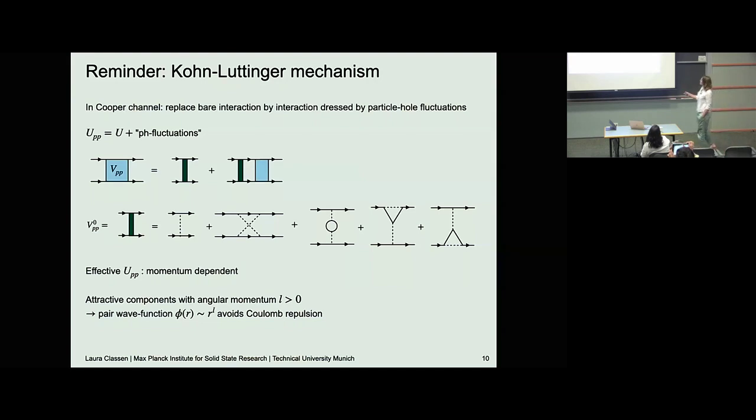Because of adding these corrections, your interaction becomes momentum dependent, and that momentum dependence can develop an attraction in a higher angular momentum channel, and that's sufficient to get superconductivity in that channel. What this means for the superconducting state is that the pair wave function vanishes if the two particles are at the same point, and in that way you can effectively avoid even the strong bare Coulomb repulsion.